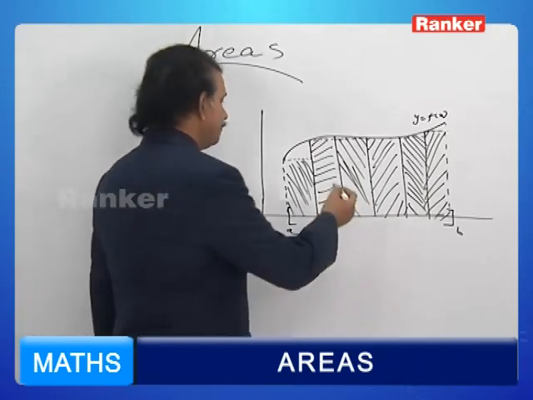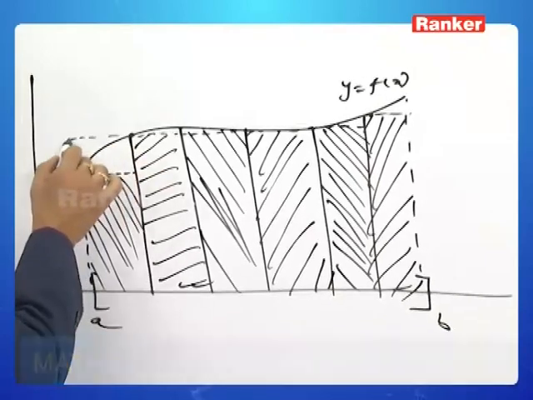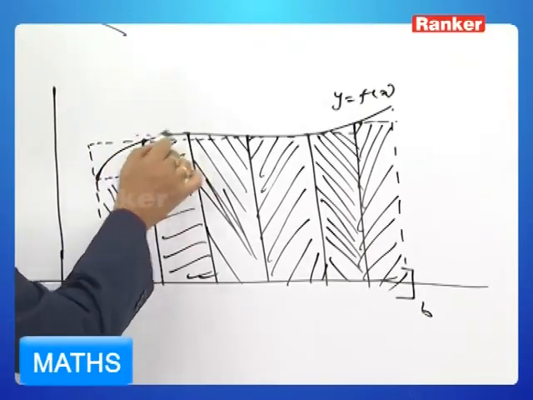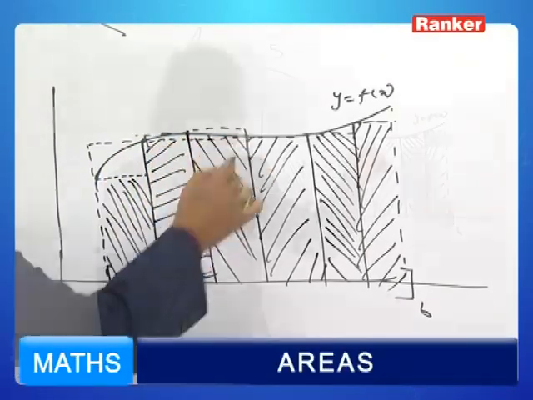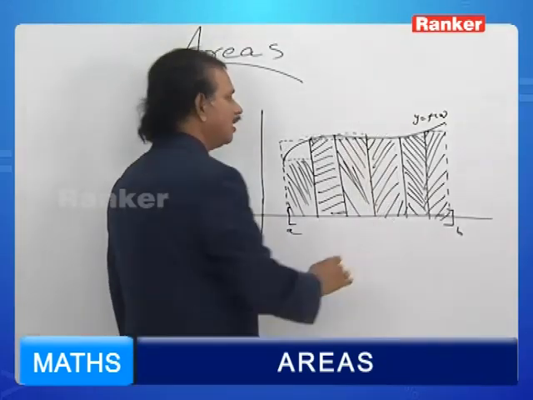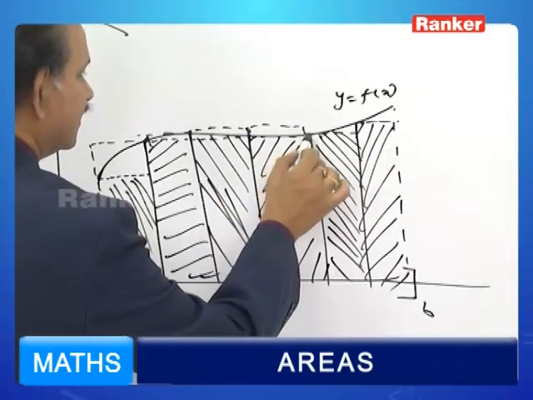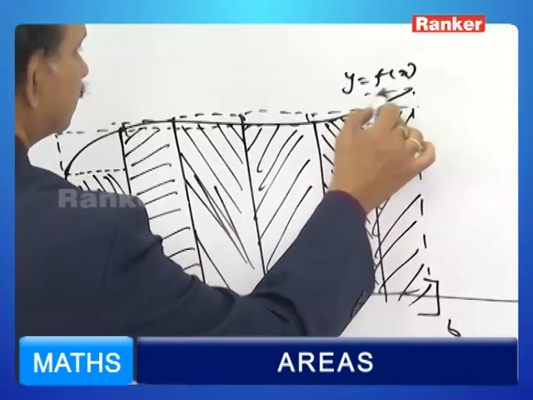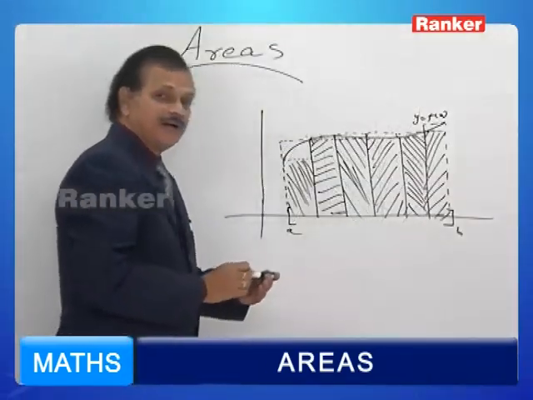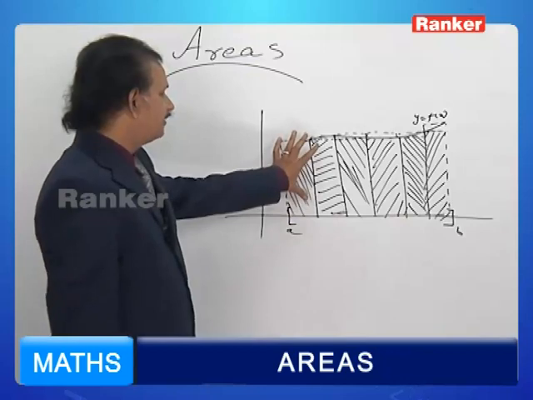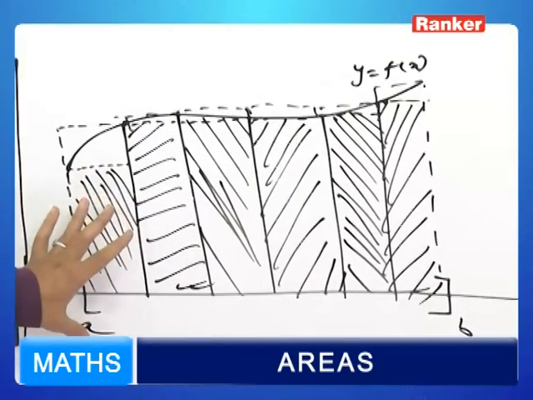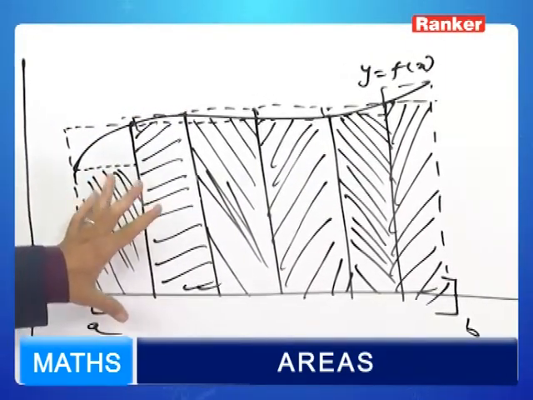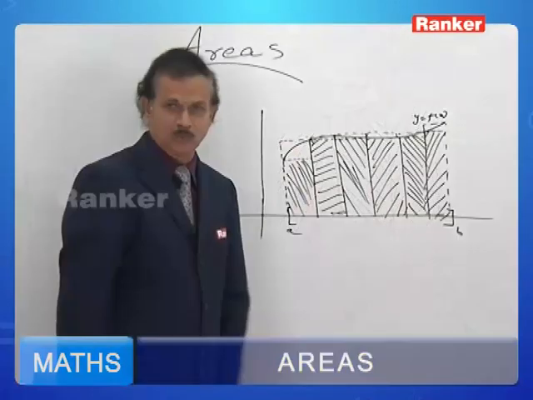Similarly, see, there has been another rectangle here also. Let us for the present call them upper rectangles. It is sure that the area of the lower rectangle is less than that of the upper rectangle, and in some cases they might become equal.